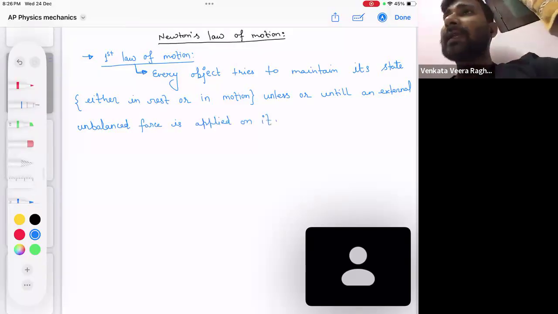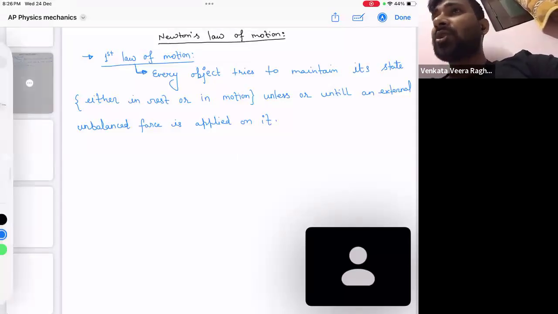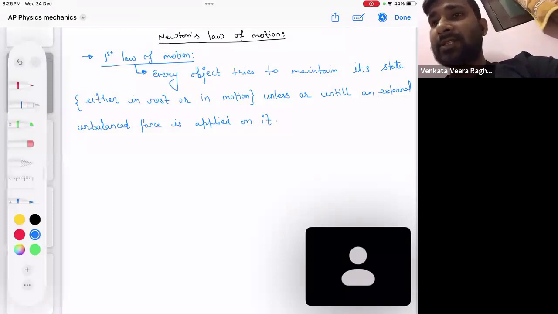Is that clear? Only when we apply an external unbalanced force will the state of the body change. It can go from rest to motion or from motion to rest.